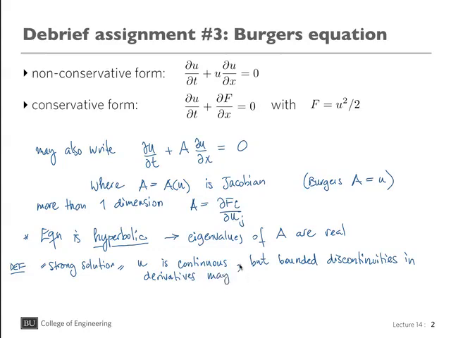But the solution is continuous, whereas a weak solution is a solution that is continuous almost everywhere. So it has a jump, like the case that we've used for this assignment. We have a jump of velocity at a given point, just one jump.